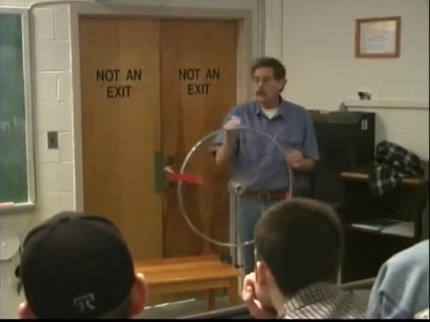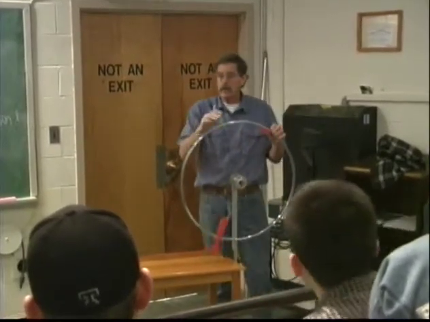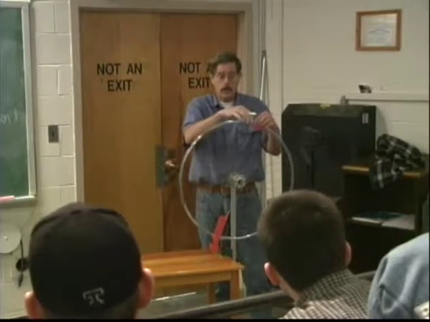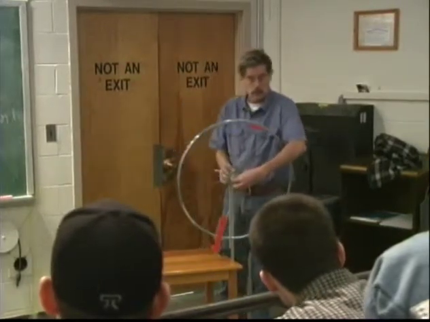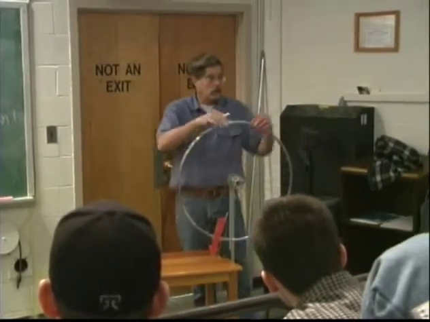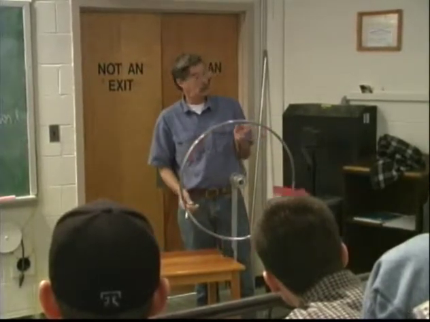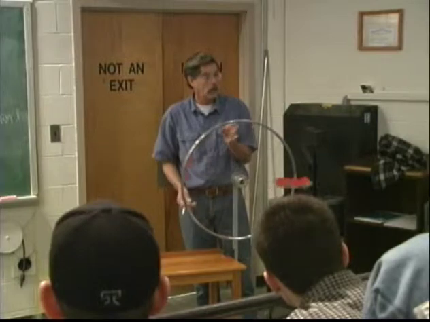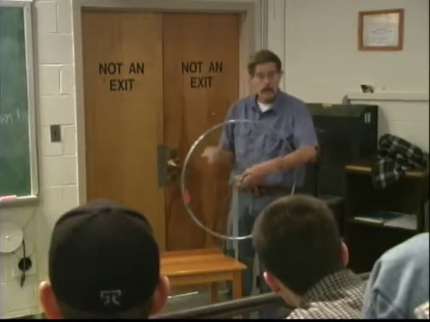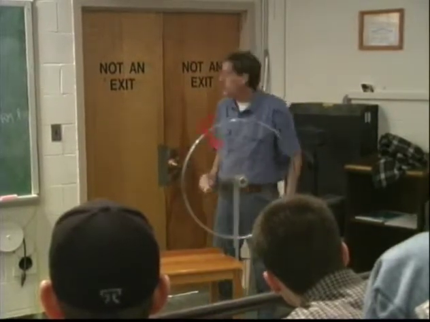Take a bicycle wheel like this, and then another bicycle wheel, and the two have the same mass. This one has an extra weight in the center, but the other has a lead weight all the way around the outside. You just feel it. It's tough to rotate the one with the lead weight out there. The one where the same amount of mass is toward the center rotates pretty freely.